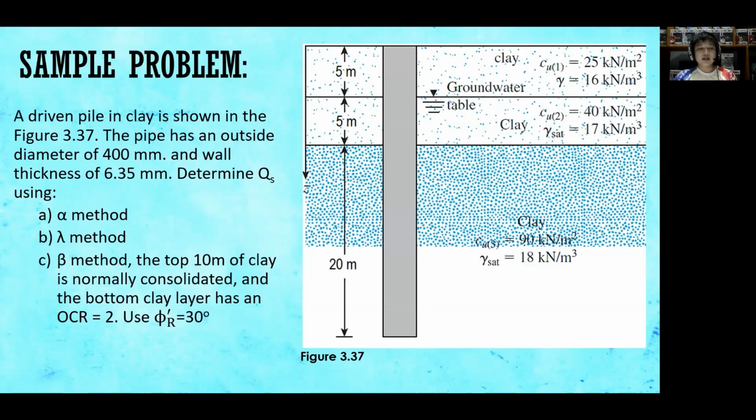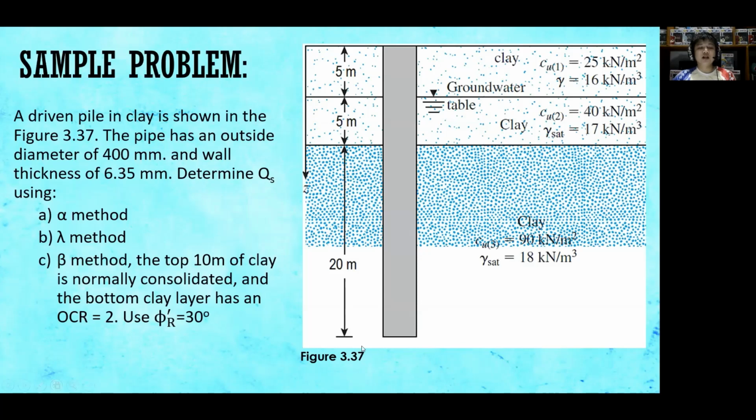For our sample problem, a driven pile in clay is shown in the figure, that is figure 3.37. The pipe has an outside diameter of 400 millimeters and wall thickness of 6.35 millimeters. Determine Q sub S using letter A, alpha method, letter B, lambda method, and letter C, beta method.